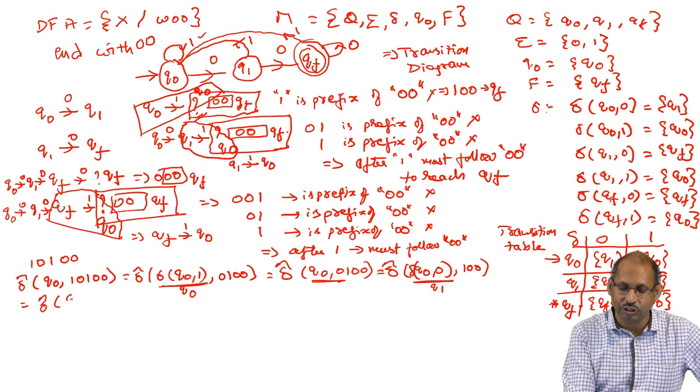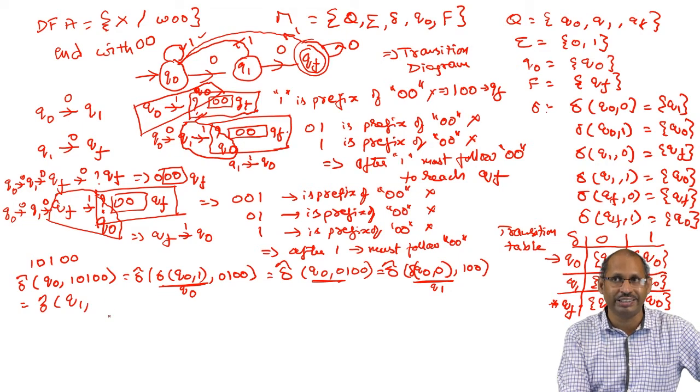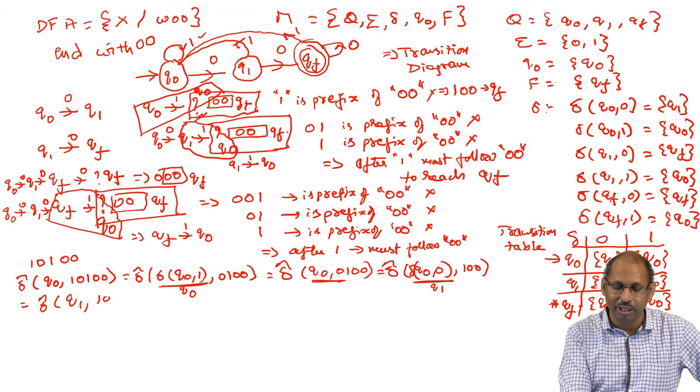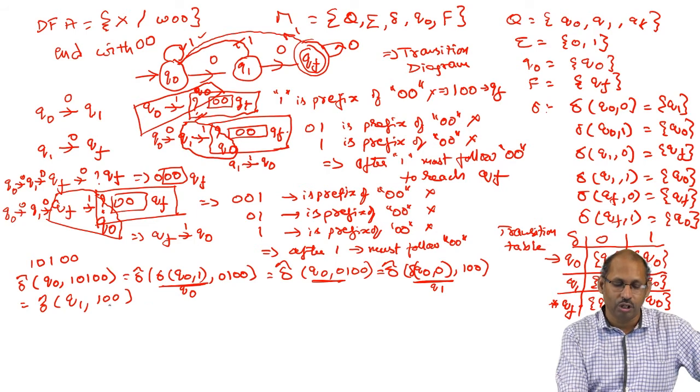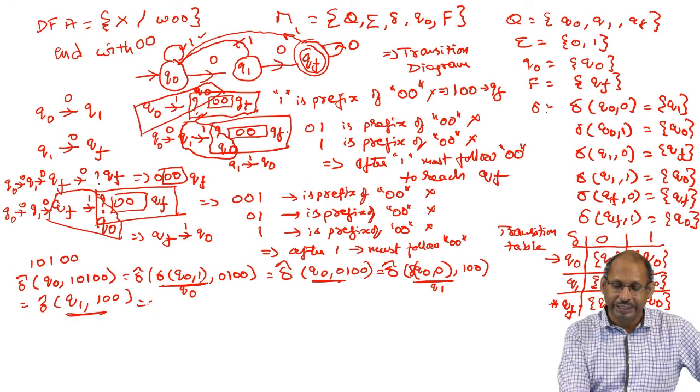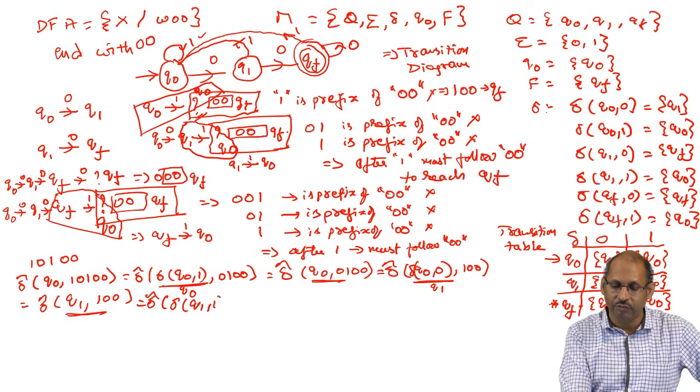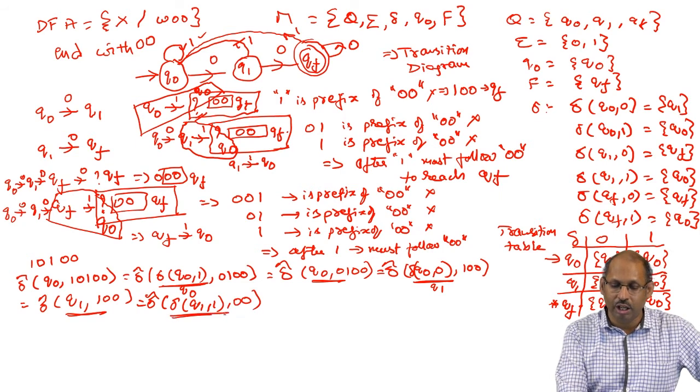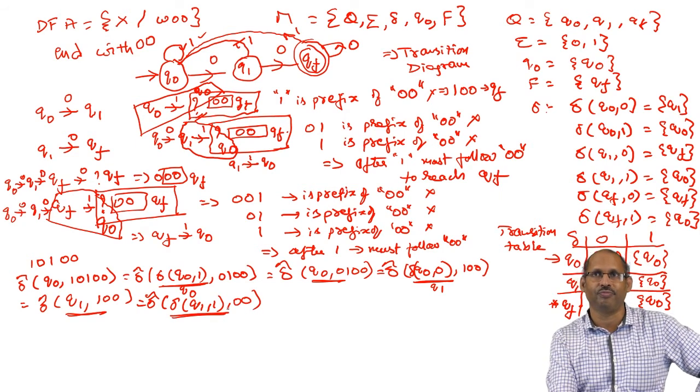Now, the string transition function of Q1 is the current state. The remaining symbols are 1, 0, 0. Now we consider Q1 on 1, with remaining symbols 2 zeros. Q1 on 1, where does it go?